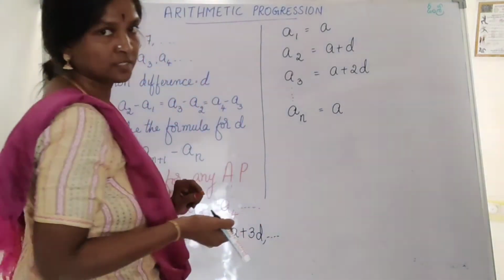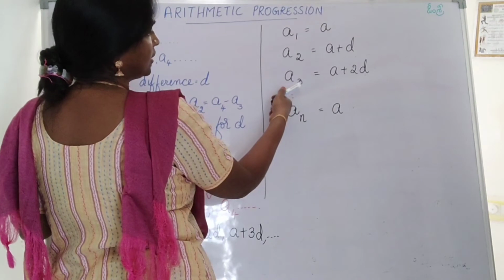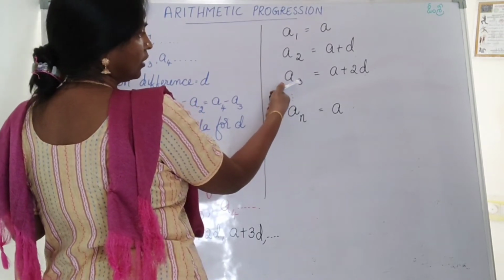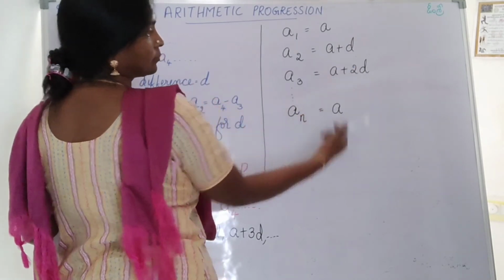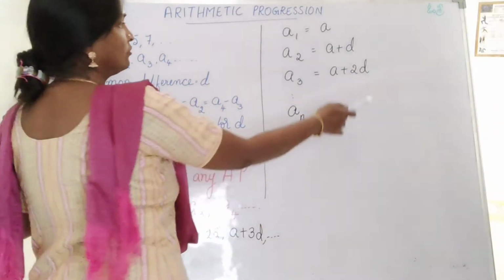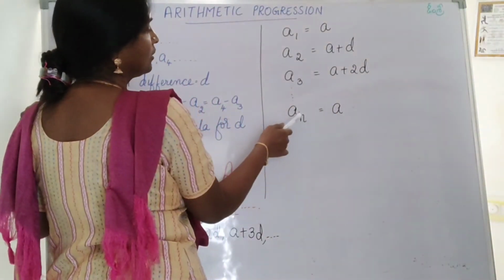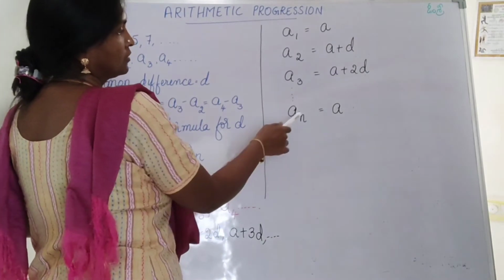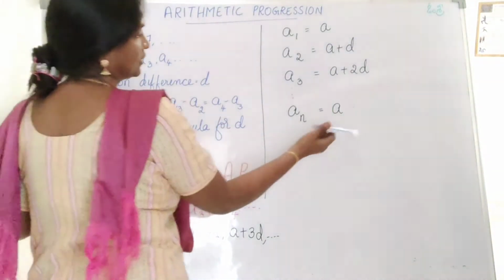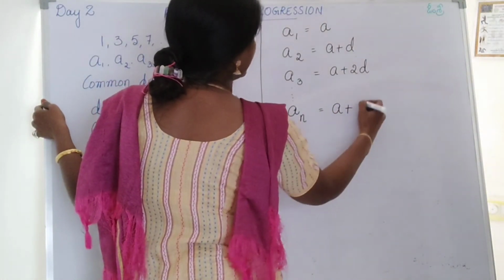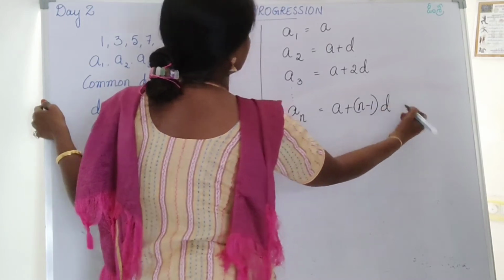Now here students, remember to follow the sequence. Here 3 is the subscript of a, which is 1 less than the coefficient of d. So for the coefficient of d, when n is there, it will be 1 less than the subscript of a. That is, we write the coefficient of d as n minus 1 into d.